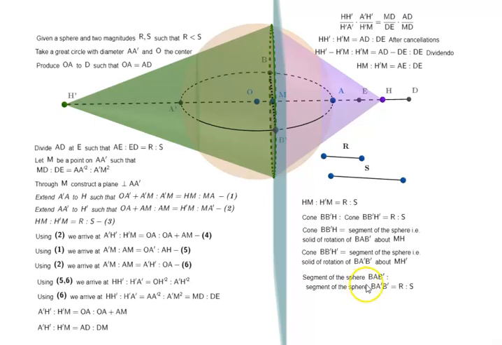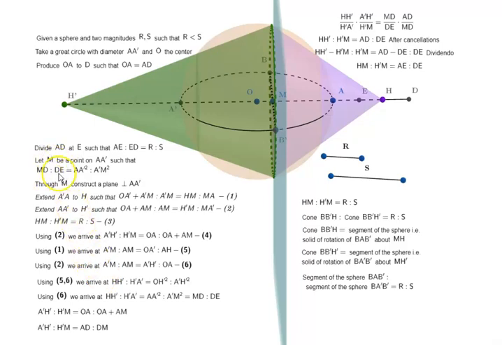So the segment of the sphere B prime is to the segment of the sphere B prime is equal to R is to S. So basically, we have identified the plane which cuts this sphere into two parts in the same ratio as the given ratio in terms of volumes.